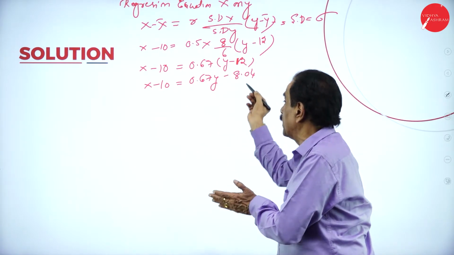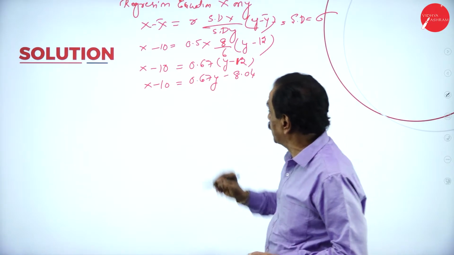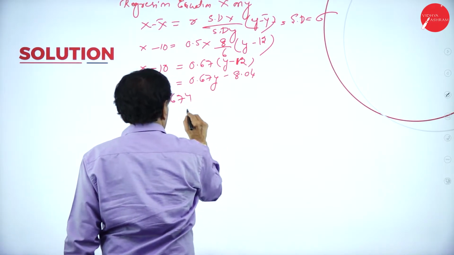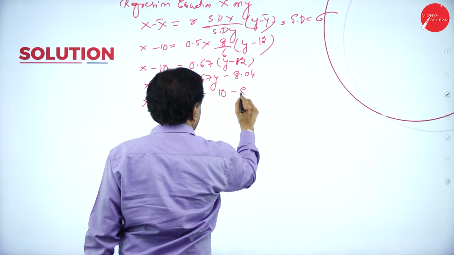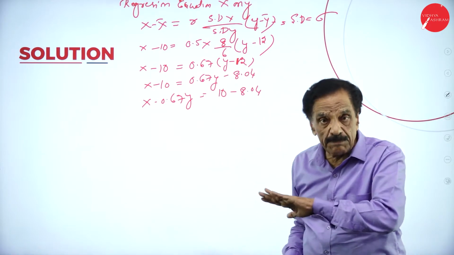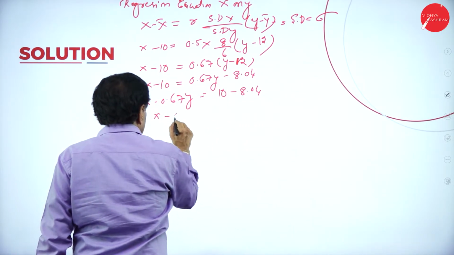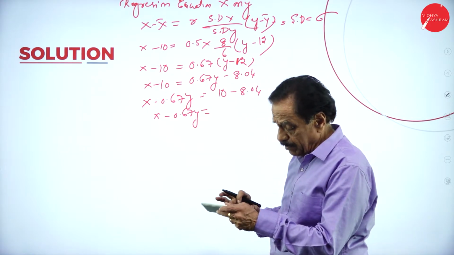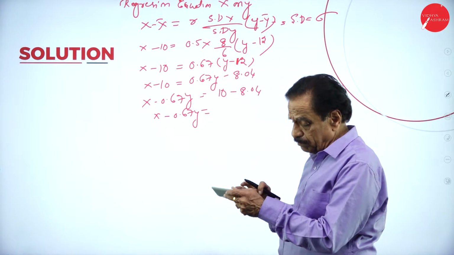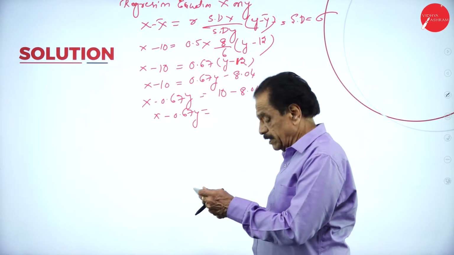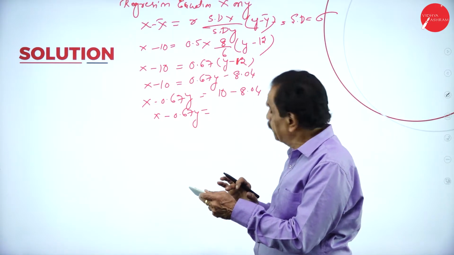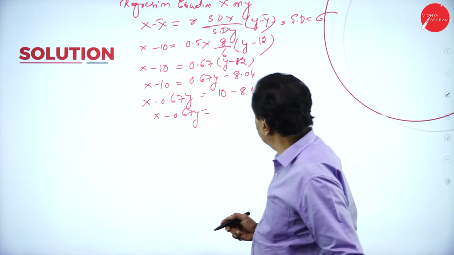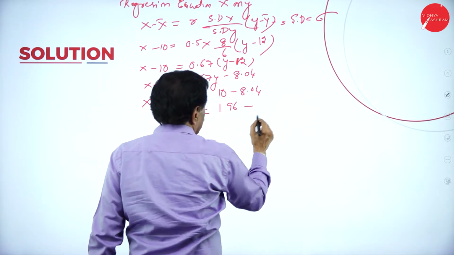Minus 10 becomes plus 10, so x minus 0.67y equals 10 minus 8.04, which is 1.96. This is equation number 1.